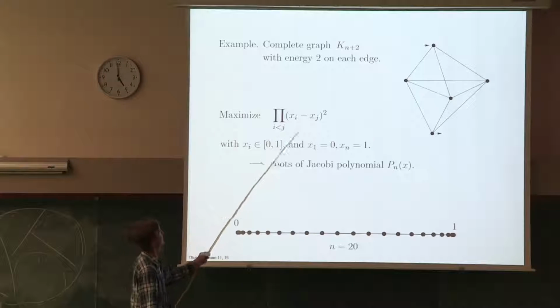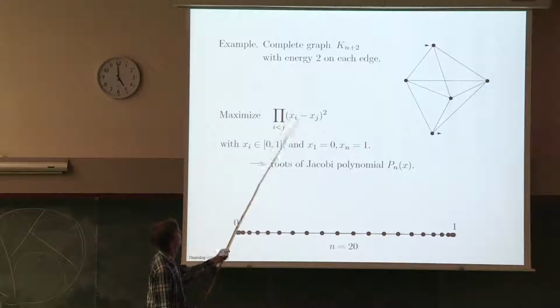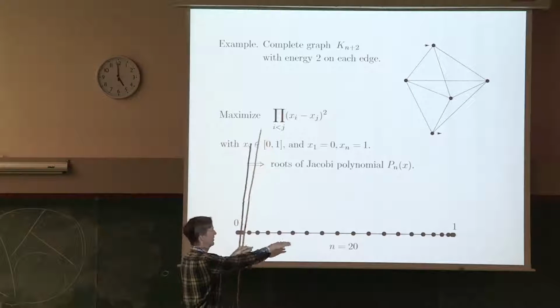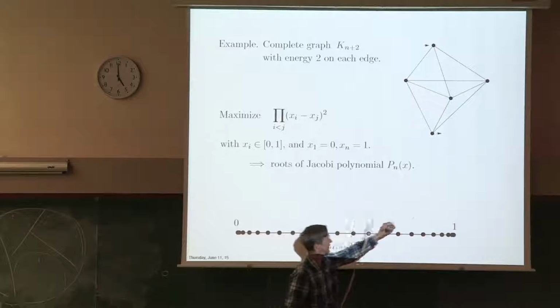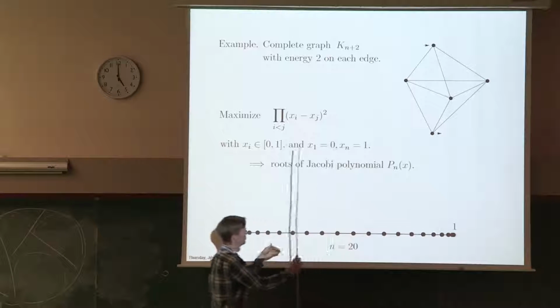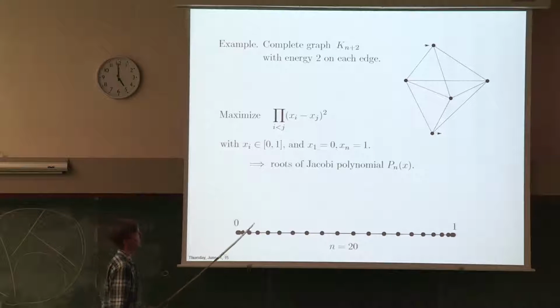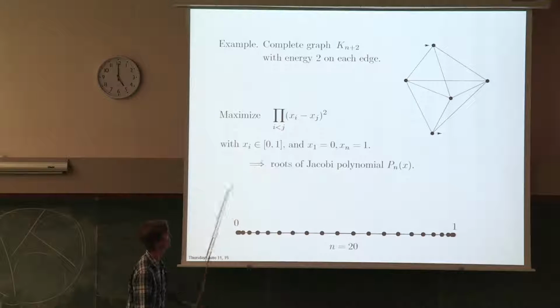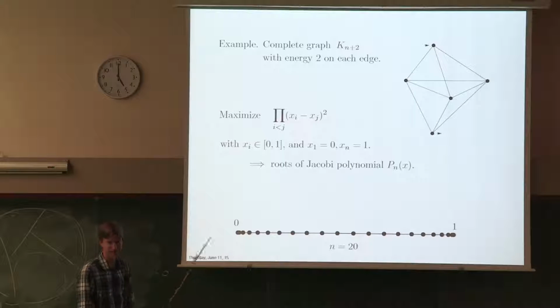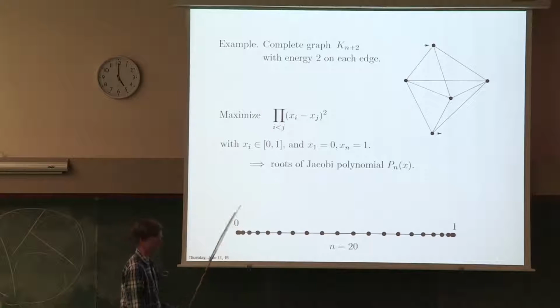Well, okay, so that's a classical problem. If you put a bunch of electrons on a line segment where you pin an electron at the origin and another electron at 1, and they repel with this two-dimensional Coulomb force, what's their equilibrium position? Well, the roots of some classical orthogonal polynomial, if you prefer.